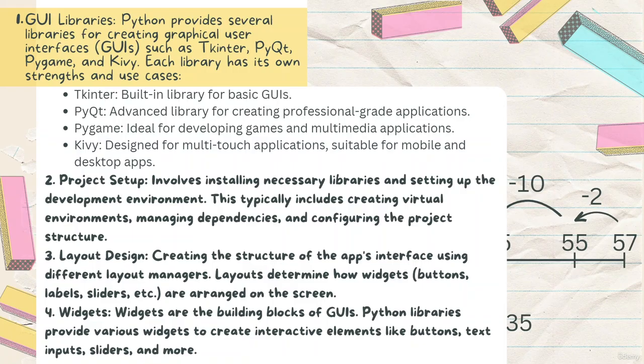Tkinter, a built-in library for basic GUIs. PyQt is an advanced library for creating professional-grade applications. Pygame is ideal for developing games and multimedia applications. And Kivy is designed for multi-touch applications suitable for mobile and desktop apps.